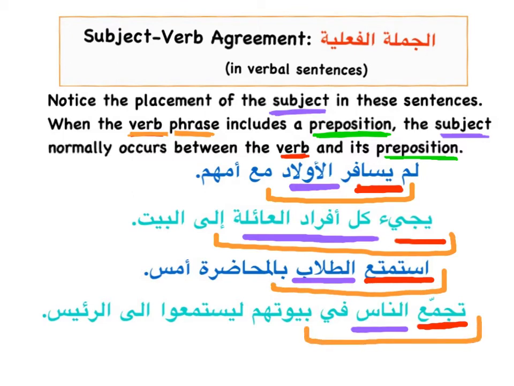So when a verb phrase includes a preposition like استمتع بالمحاضرة, تجمع في, the subject comes between the verb and its preposition.